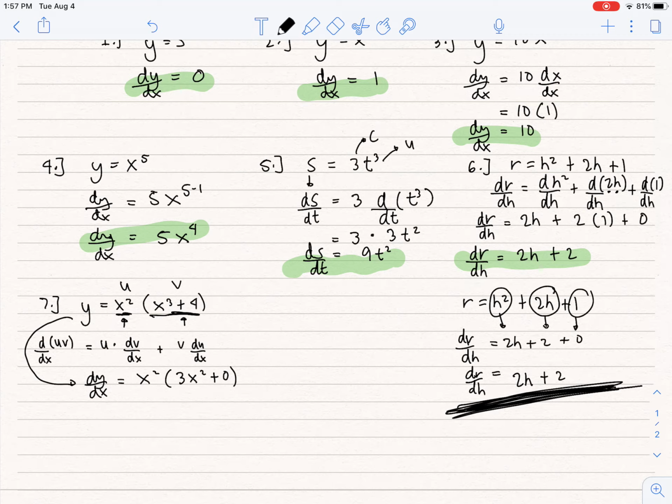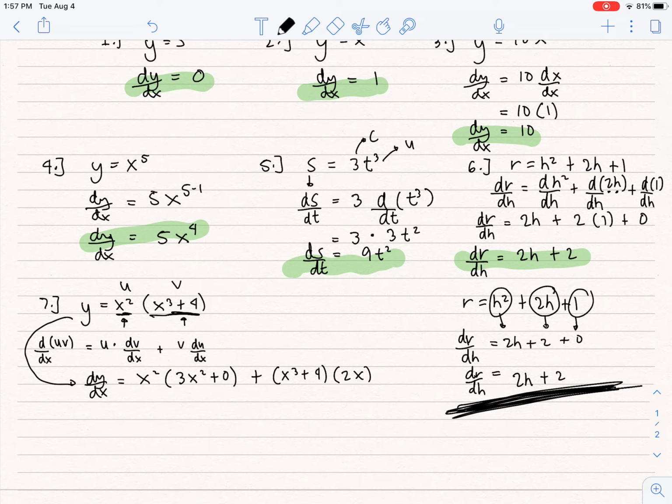The next part is this one. So just add a plus sign. Next is copy the function v, which is just x cubed plus 4, then multiplied by the derivative of u with respect to x, or the derivative of this. So the derivative of x squared is just 2x.